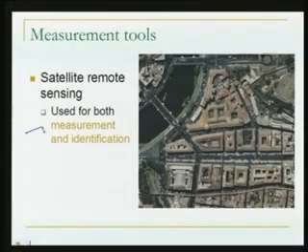So we can make use of satellite data, as we can see in the slide, for both purposes. We can do the measurement here, and also we can do the identification. You can identify in this figure the bridge, buildings, roads, cars, everything.